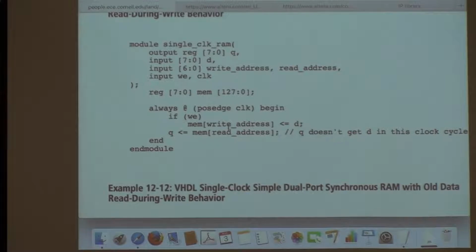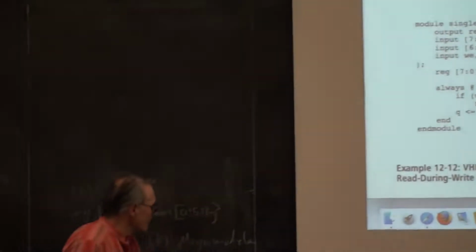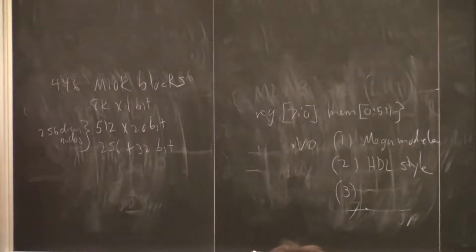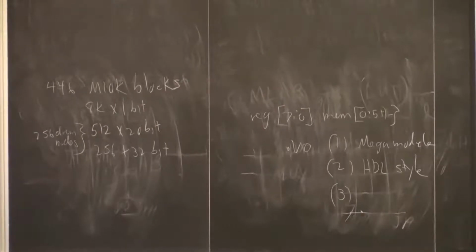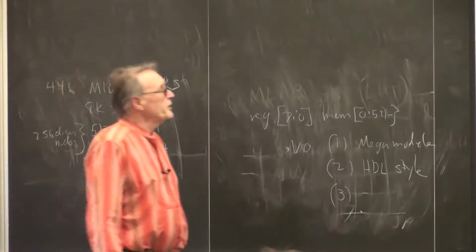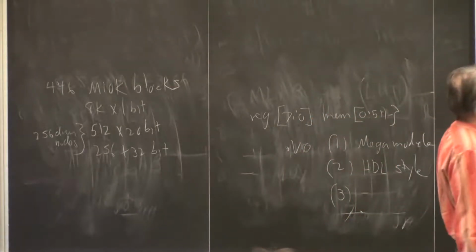So method number 2 is HDL style. Method number 3 is the weirdest syntax, at least I think it's strange. RAM style synthesis parameter. Maybe somebody should do a Gangnam style parody. So you can say, I like this format slightly better.